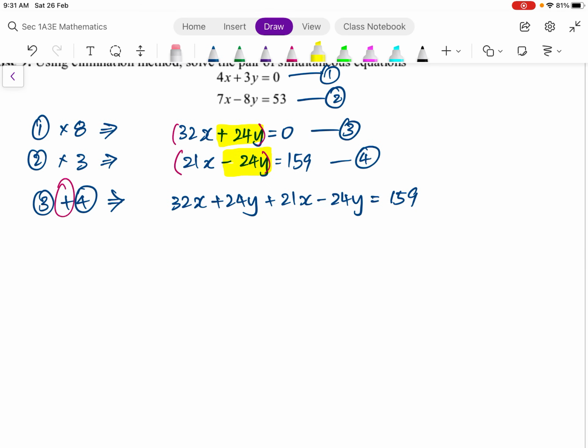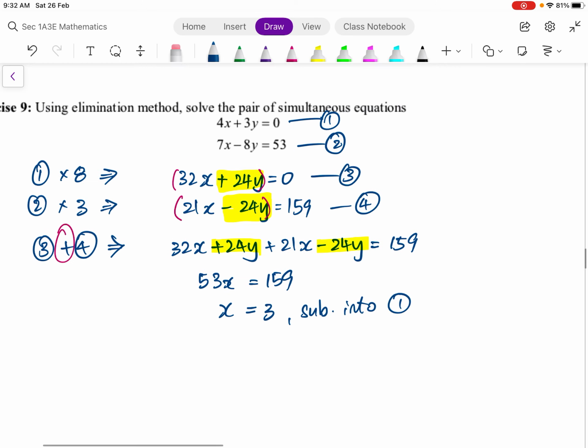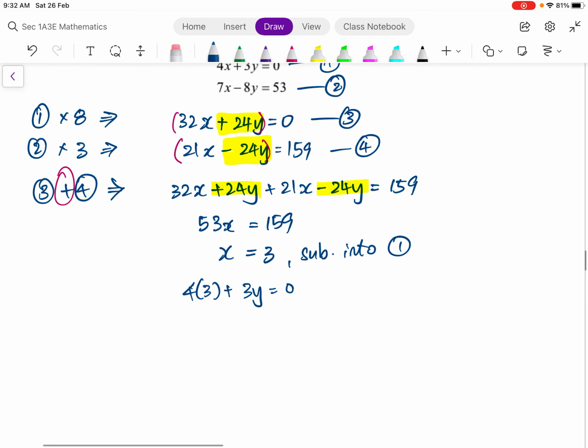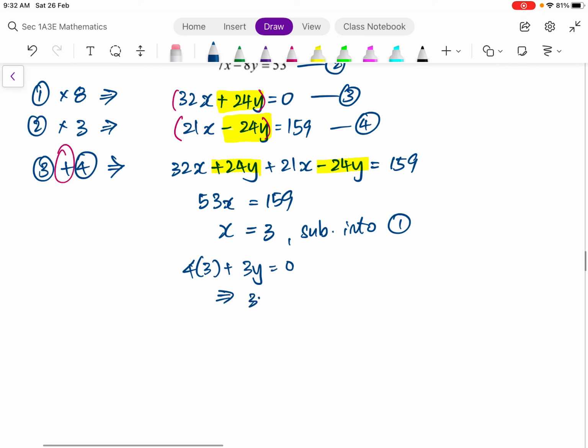So you can see that when we add 24y to negative 24y, they are eliminated, leaving us with 53x equals to 159. And therefore x has to have a value of 3. So we substitute into any of the equations. Let's just choose one. So 4 times of 3 plus 3y equals to 0. So 3y has a value of negative 12 and y equals to negative 4. In summary, x is 3 and y is negative 4.